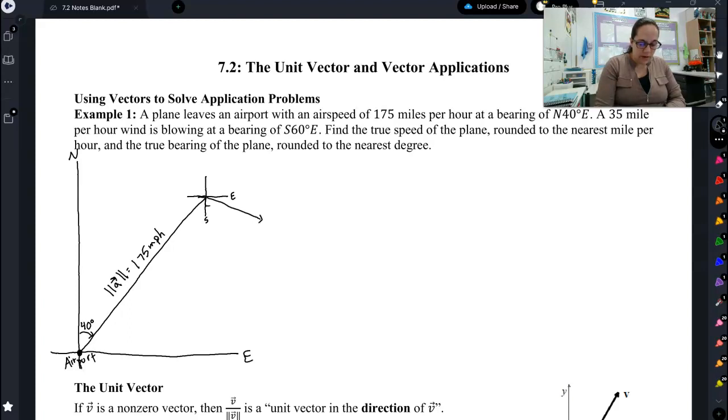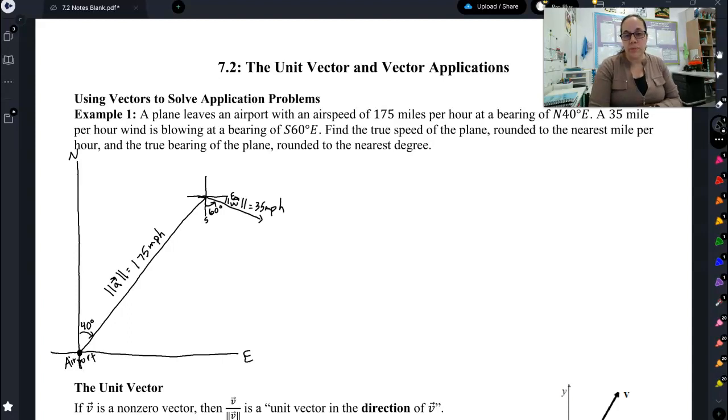And we know this is 60 degrees. And I'm going to call this vector W for wind. Magnitude of vector W is 35 miles per hour. Now, we want to find the true speed of the plane and its true bearing.